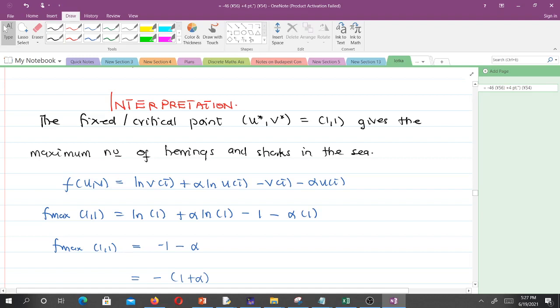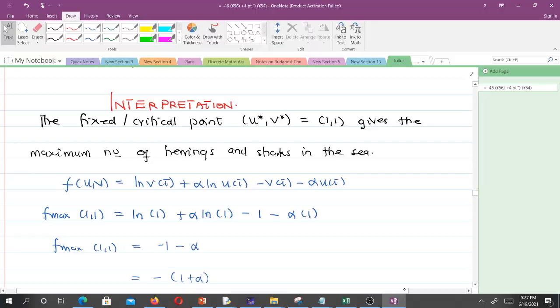So do you remember we had f of uv equals ln v of tau plus alpha ln u of tau minus v of tau minus alpha u of tau, right? So at the maximum, that's f max, u is 1 and v is 1.